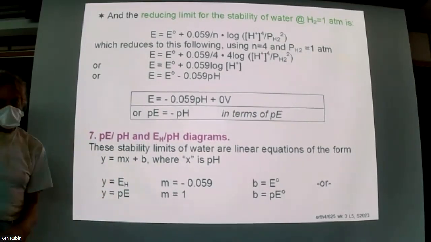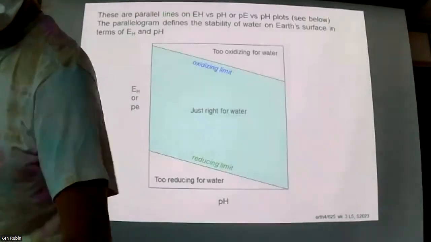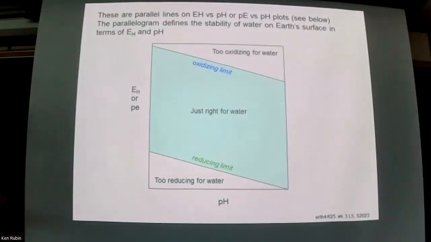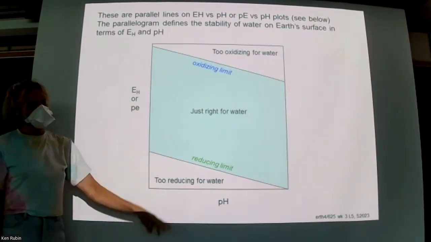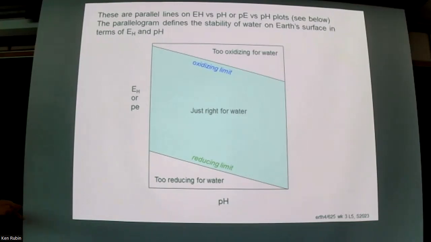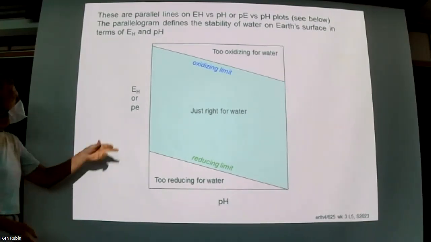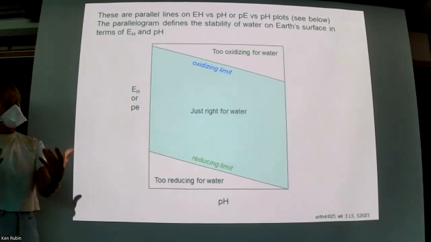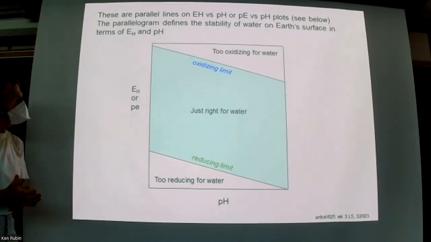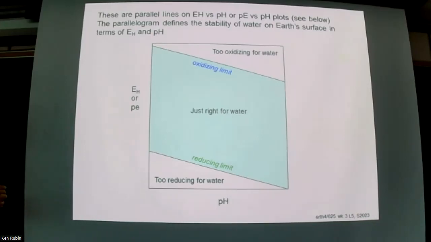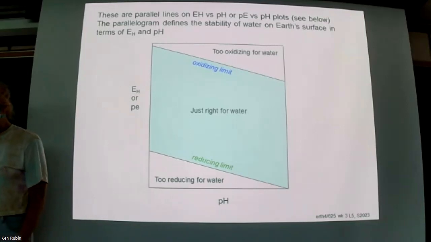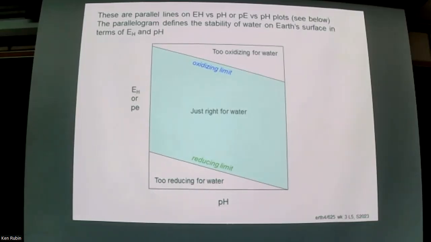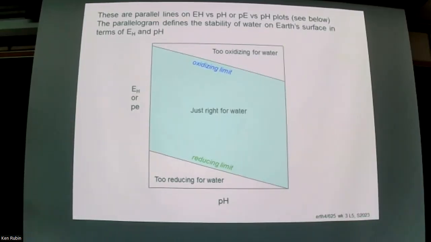The next thing we're going to do is look at these together on a diagram. Some people call them Eh-pH diagrams, some people call them pE-pH diagrams. I always learned them as pE-pH diagrams, but it's just a question of whether you're plotting this value or that value, them being related by a constant of 0.059. This is a depiction of that lower line, and that's a depiction of that upper line. The field that I've highlighted in blue is the field where water can exist.